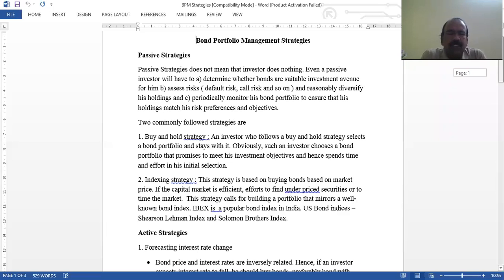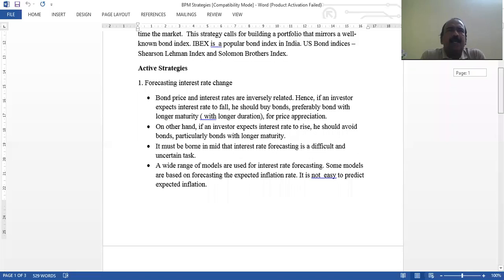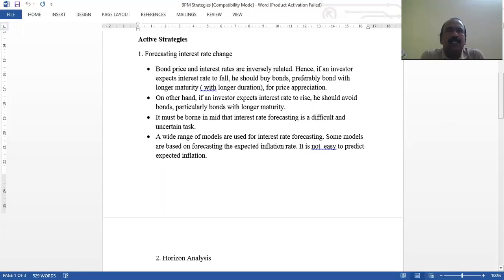Then active strategies. A bond investor is holding the bond and how can he enhance his return by minimizing his risk? That's what we call active strategies. One way is that he can forecast interest rates.